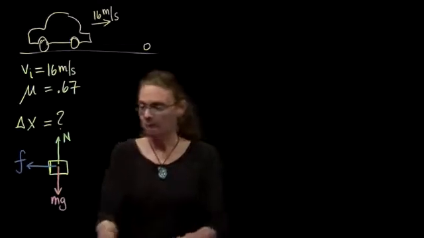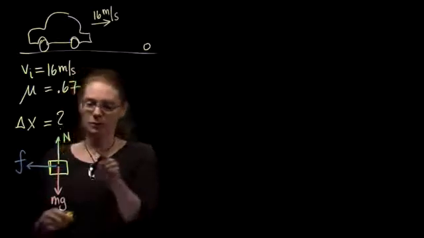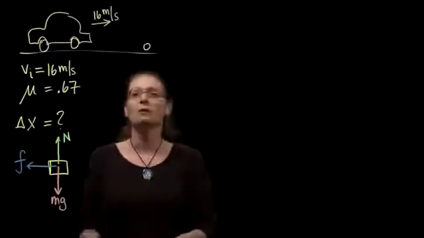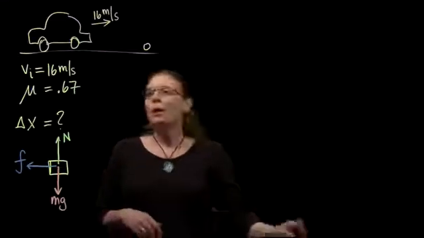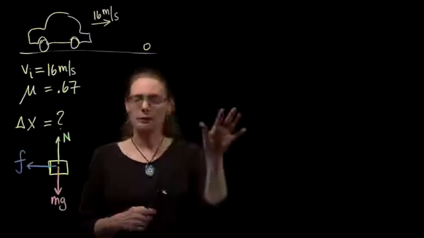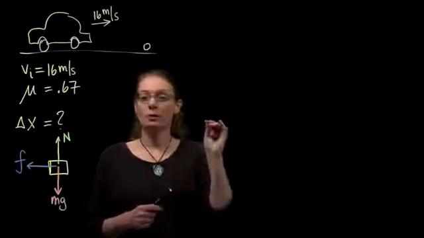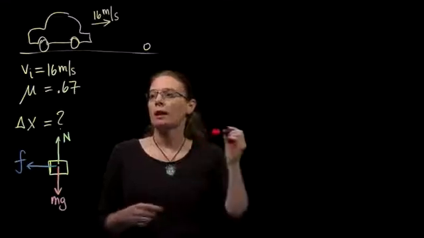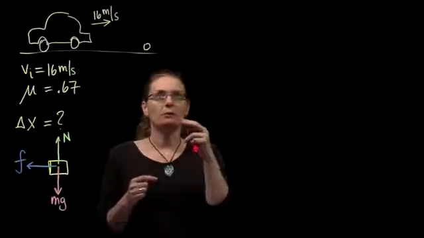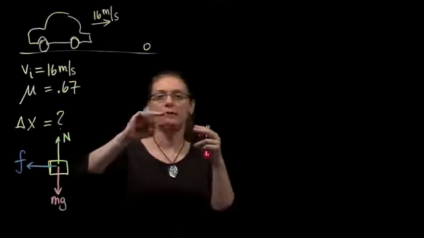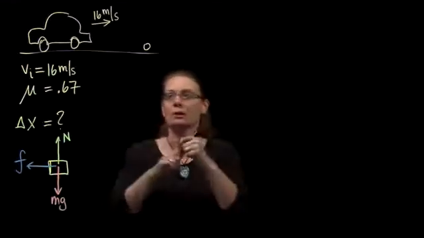So the next step is a coordinate system based on the direction of the acceleration. That means we have to figure out the direction of the acceleration. If I'm moving to the right, I have a positive velocity, but I'm slowing down. If you remember back in kinematics, positive velocity and slowing down means the opposite sign for the acceleration. We would have a negative acceleration.